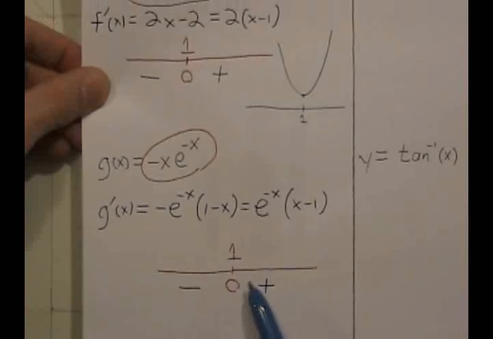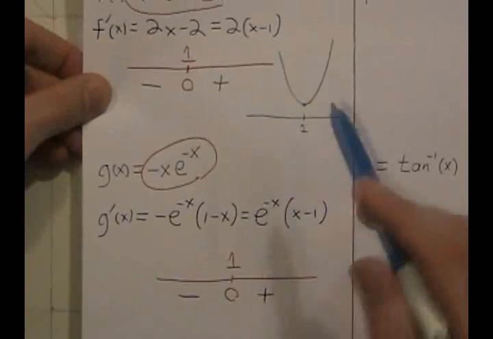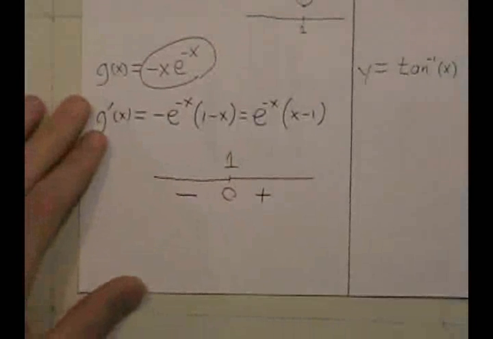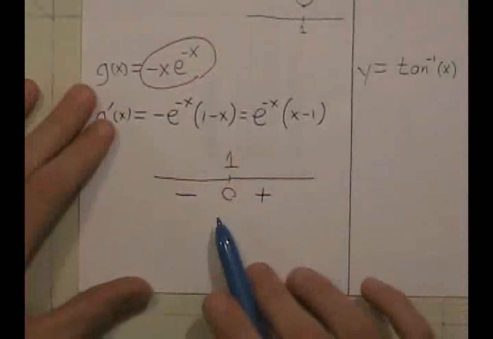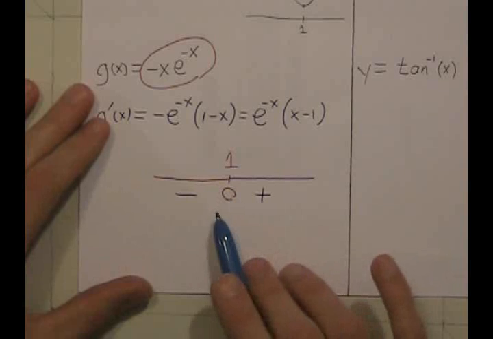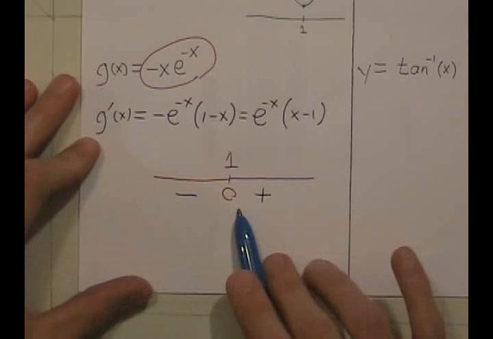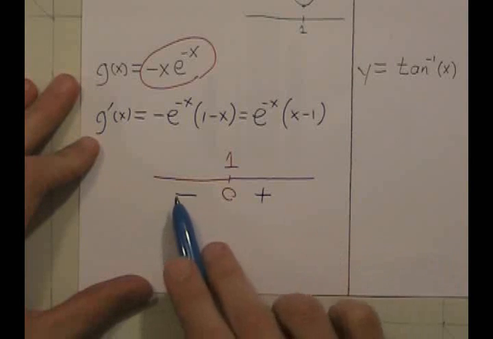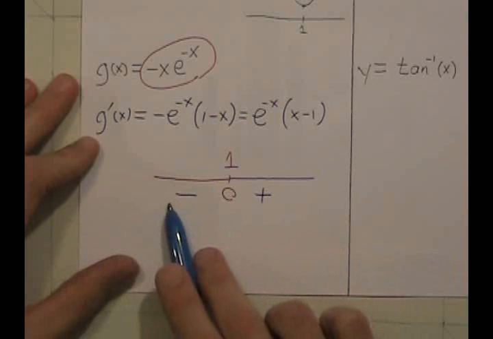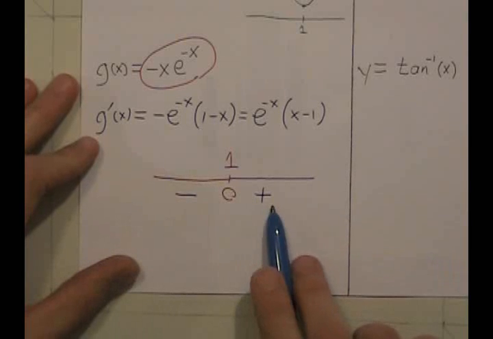So they're both decreasing and increasing on the same intervals. The reason I bring this up is to illustrate that you get very little information from just doing a sign chart for the derivative of some function. All that we can tell from this is that the function is decreasing and then it's increasing.